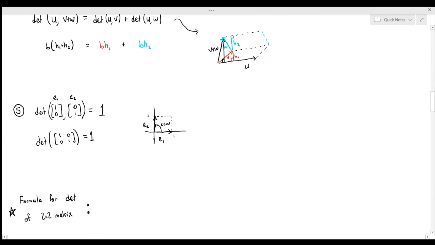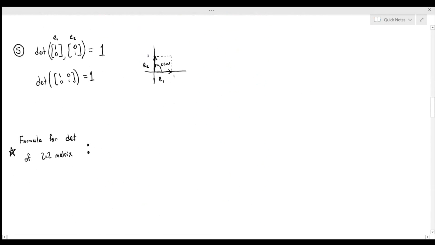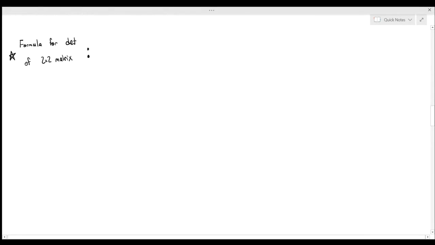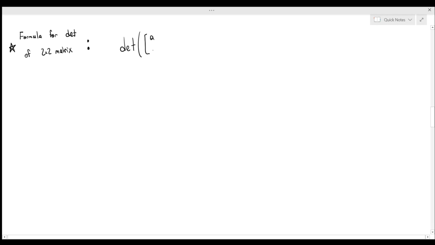And the determinant of the identity is 1. With these 5 properties, we can actually derive the formula for the determinant of a 2 by 2 matrix. So I'm going to do that real quickly, just to illustrate how to use those properties in coming up with the formula.